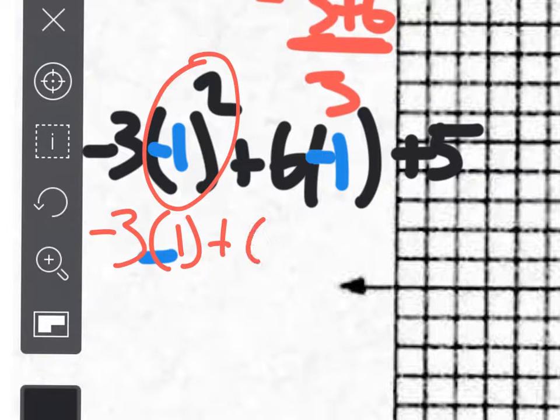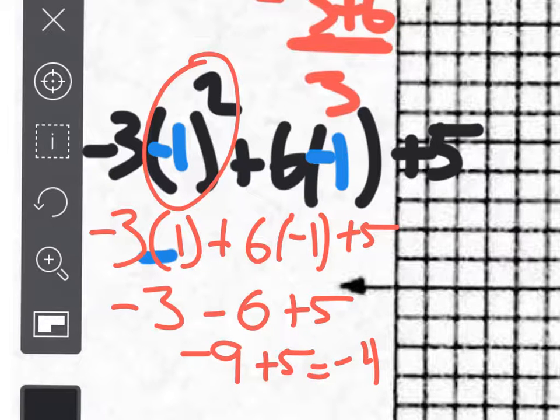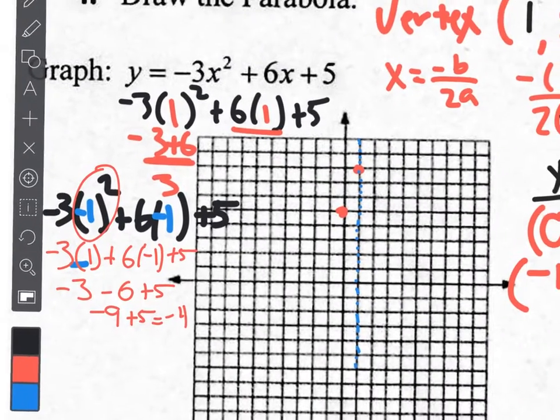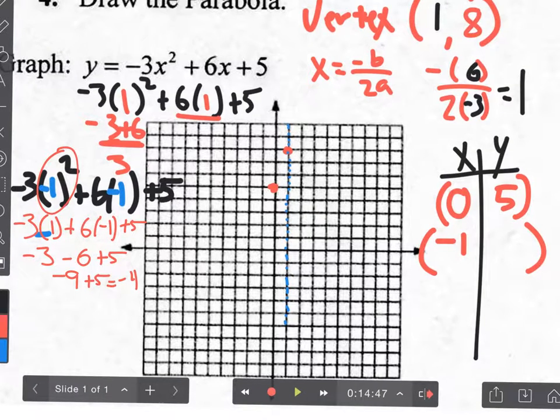And then I have a plus 6, and then times negative 1, and then plus 5. So I really have a negative 3 with the minus 6 with the plus 5, which is going to be a negative 9 plus 5, which is negative 4. So when I plug in negative 1, I end up with a negative 4.